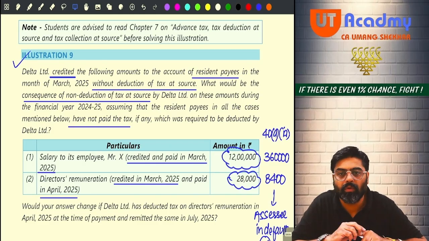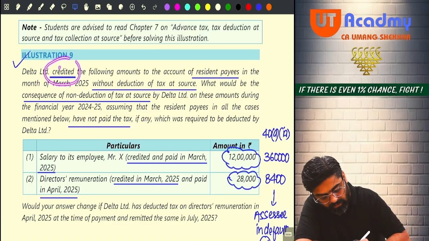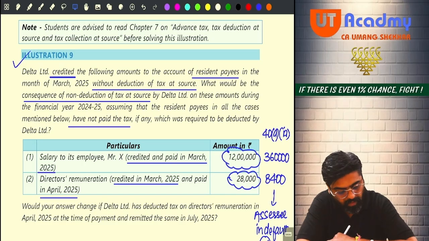So following two expenses are there. For that, the accounts of the resident payees are credited. Credited means in the books of accounts of Delta Limited, this credit was given.